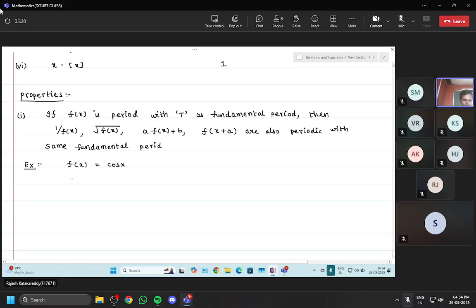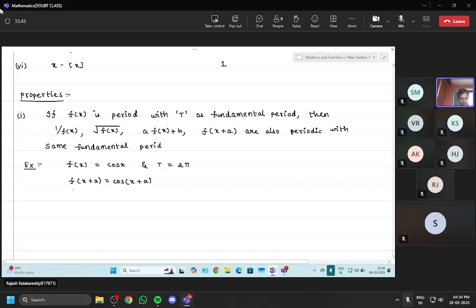So f of x is cos x and capital T stands for the fundamental period, which equals 2 pi, we all know very well. Now f of x plus a, that will be cos of x plus a. Now we are finding the fundamental period for this.